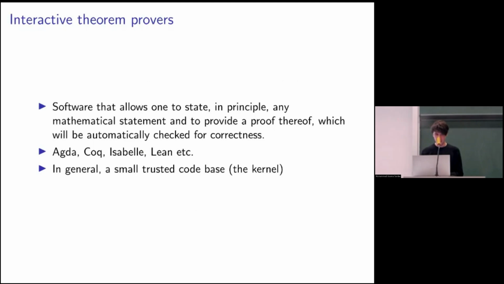Okay, so I'm sure a lot of people know this, but let's say that interactive theorem provers are software in which you can write mathematical statements, in principle, anything you can imagine, and then you write proofs for those statements, and the system will check their correctness.